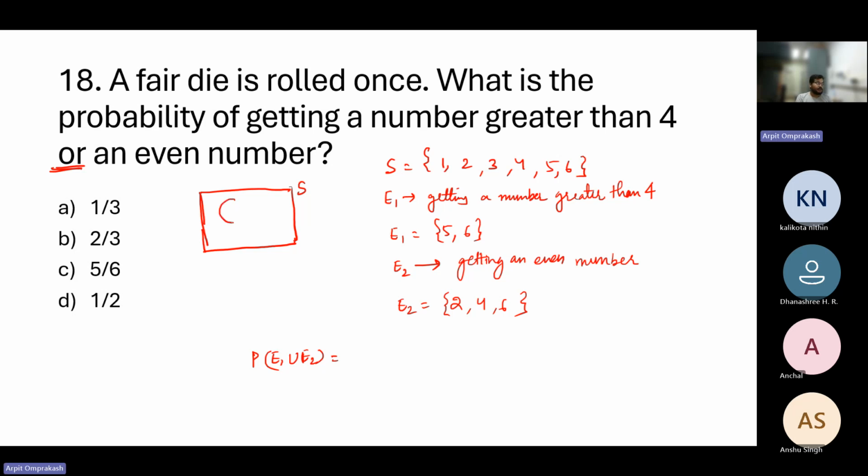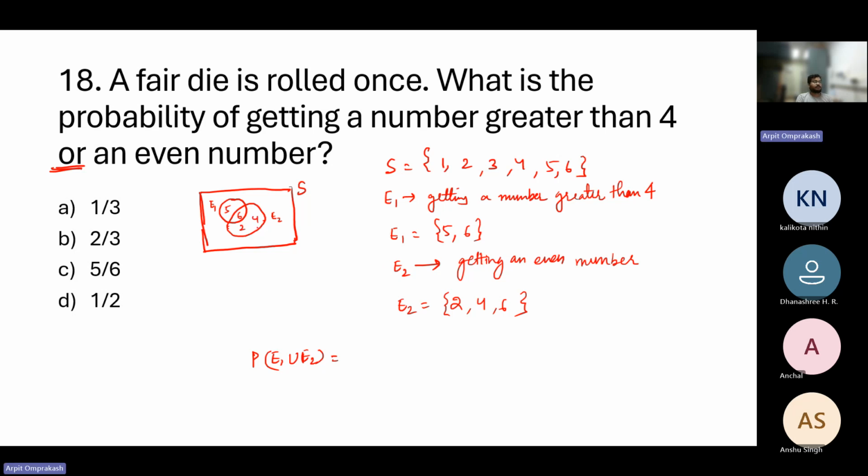This is our event 1, which is basically getting a number greater than 4. So we have 5 here, we have 6 here, right? Then we have our event 2, which is getting an even number.